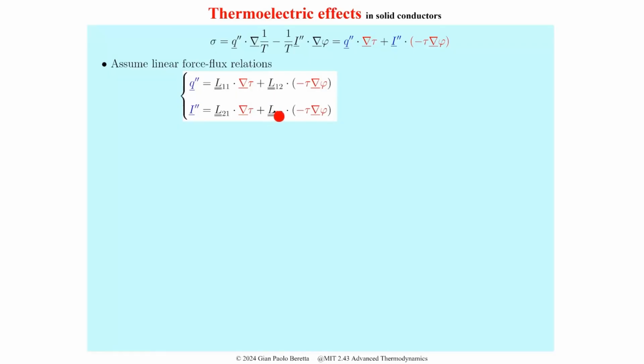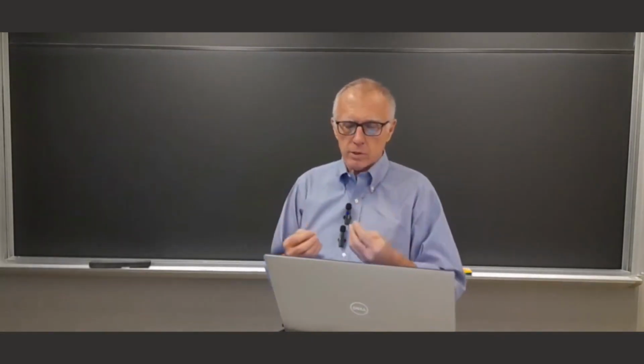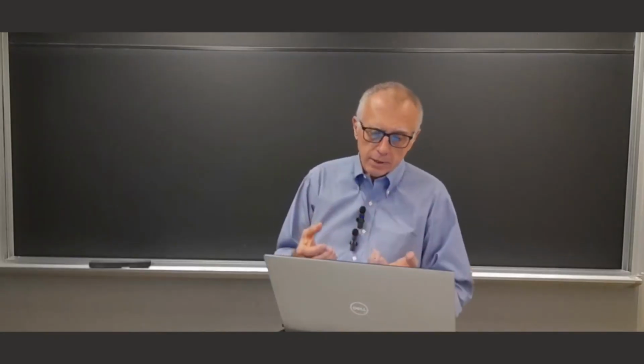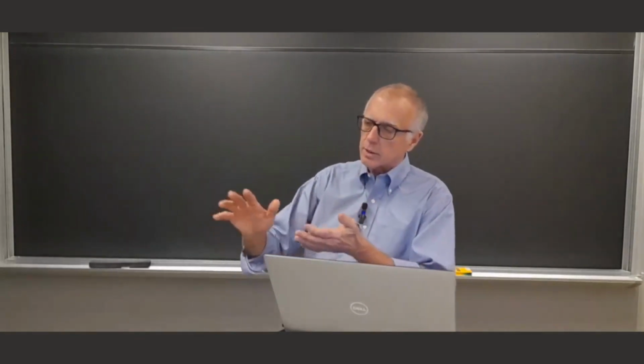And it is a tensor also. So if your material is isotropic, that tensor reduces to just the one number, one scalar. But if it is anisotropic, exactly like we have seen for heat transfer, you would have different principal directions where the electrical current likes to run easier than in other directions.